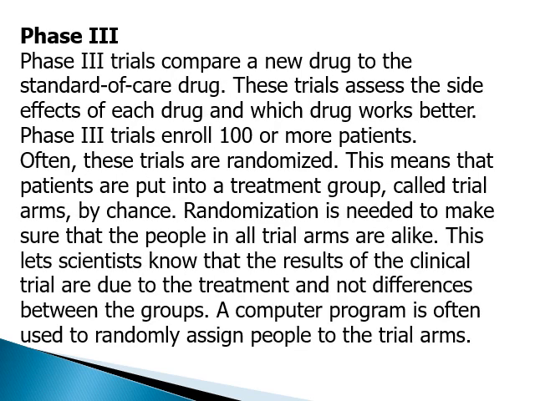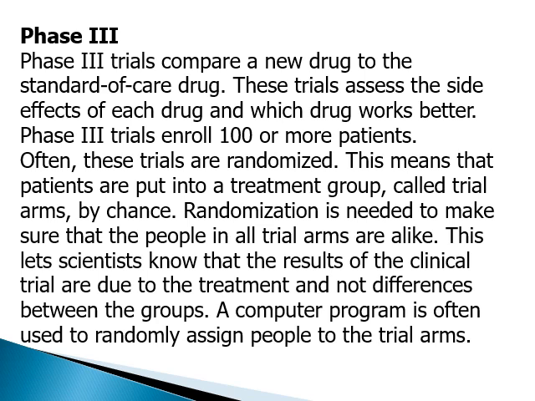Phase 3 compares a new drug to the standard of care drug. These trials will assess the side effects of each drug and which drug works best. They enroll 100 or more patients, which is randomized. It means that patients are put into treatment groups called trial arms by chance.